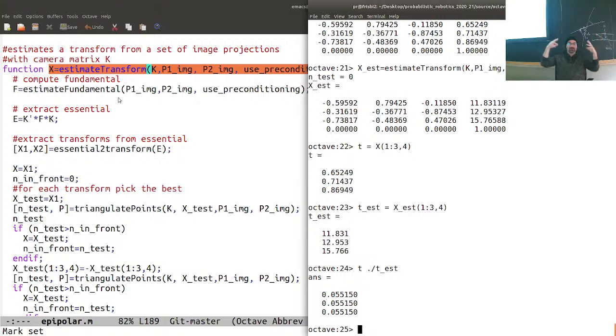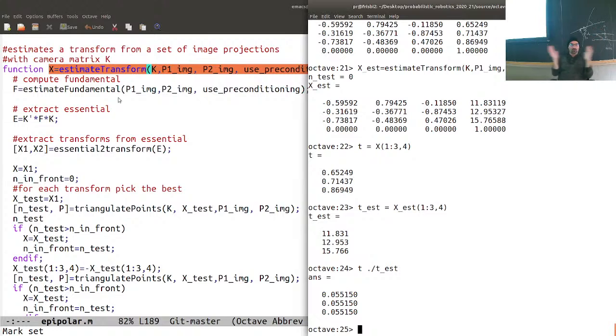Then, given that the scene has to be consistent, another thing that I did is to eliminate from these projections those that are outside of the image. Then, in order to carry on a meaningful triangulation, given that the point to be triangulated should be appearing in both images, I retriangulated the points and I eliminated the points that do not appear in one image or in the other. Okay?